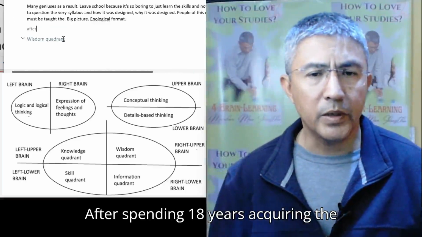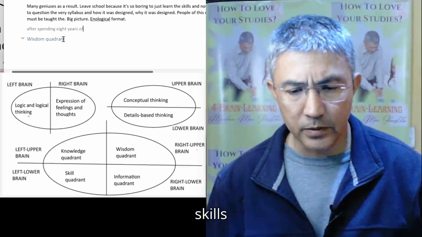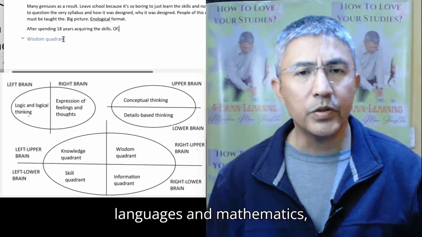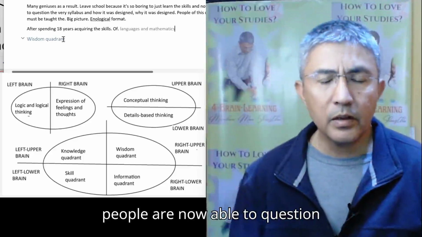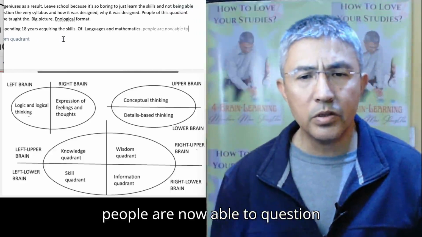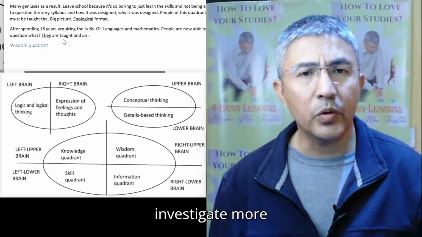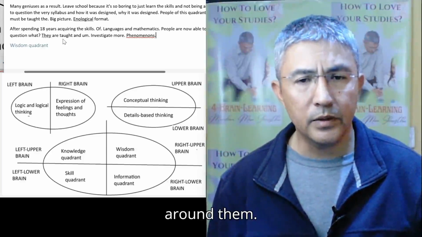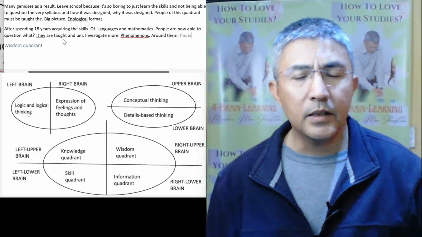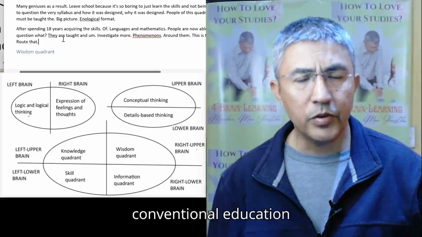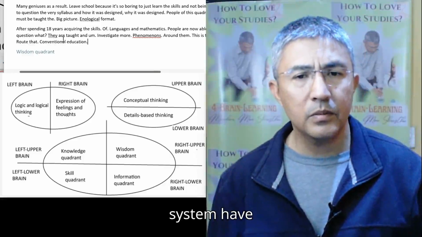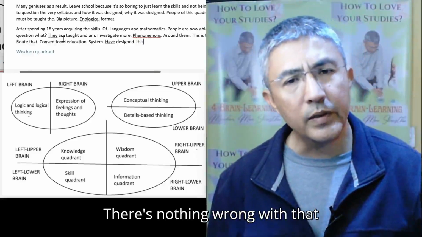After spending 18 years acquiring the skills of languages and mathematics, people are now able to question what they are taught and investigate more phenomena around them. This is the route that the conventional education system has designed. There's nothing wrong with that.